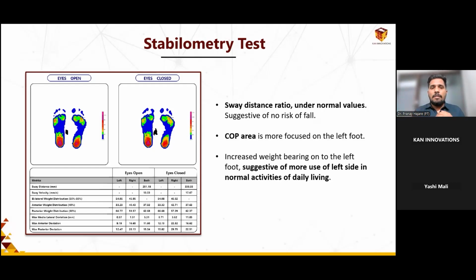When we close our eyes, visual input is removed. So the person must rely more on the proprioception and the vestibular system. Normally the sway increases slightly under this condition because the base of support is narrow, with approximately a 2 to 4 centimeter gap between the feet.